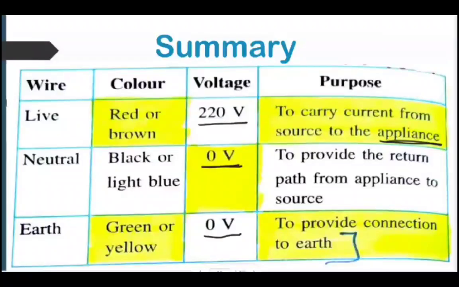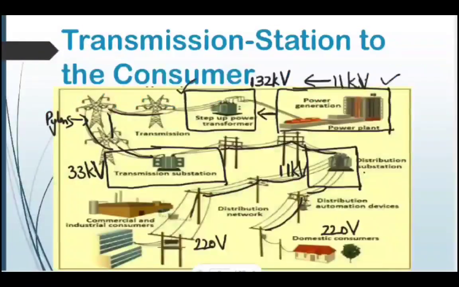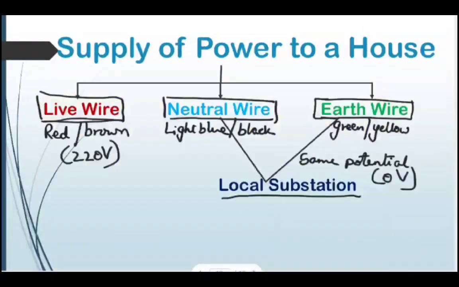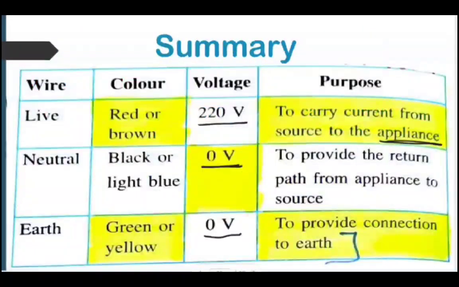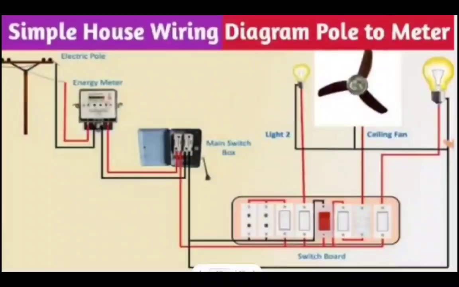Now, children, remember, our electricity has just reached our city substation. From the city substation, this electricity gets connected via cables from the poles to the meter in the house.